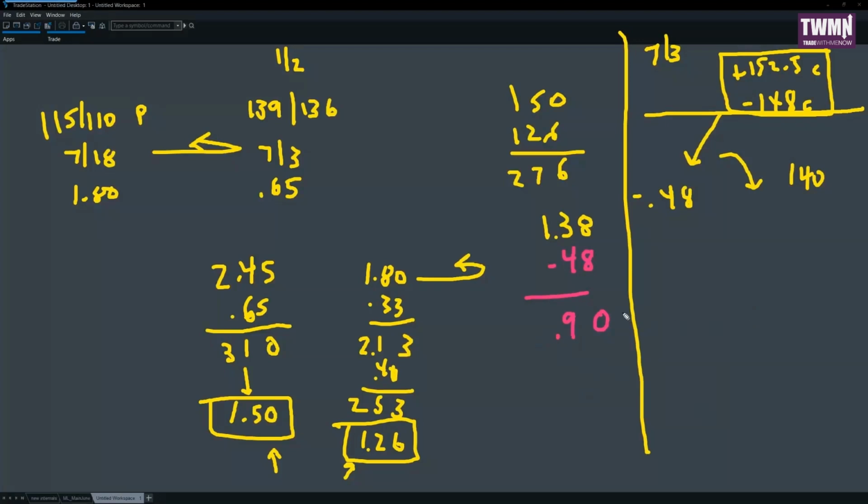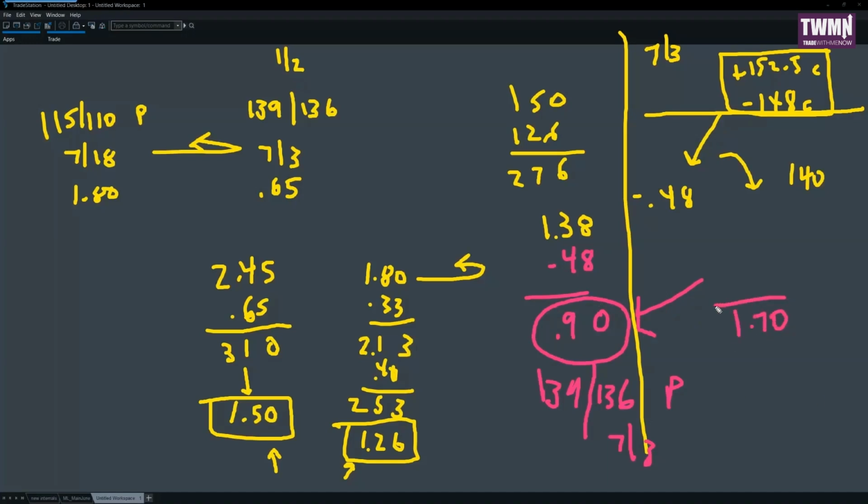So I now have the 139, 136 put debit spread for this Friday at a cost of 92 cents. And oh, by the way, if I go right now to close that trade, it's worth $1.70. I could close it right now for $1.70.